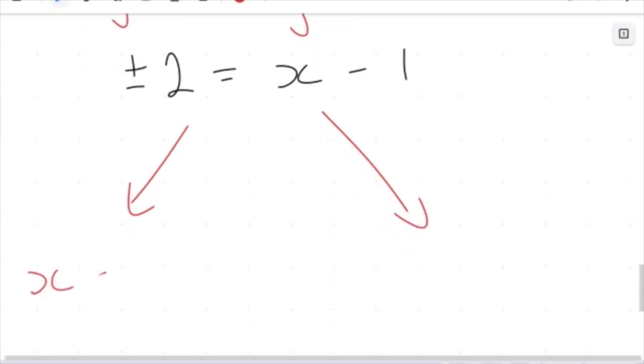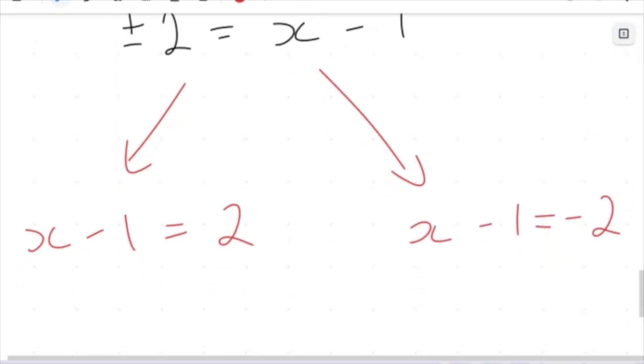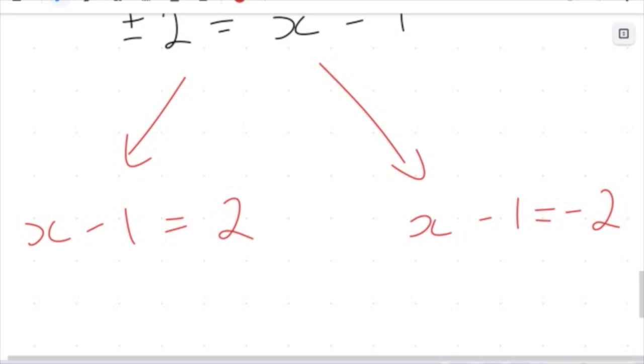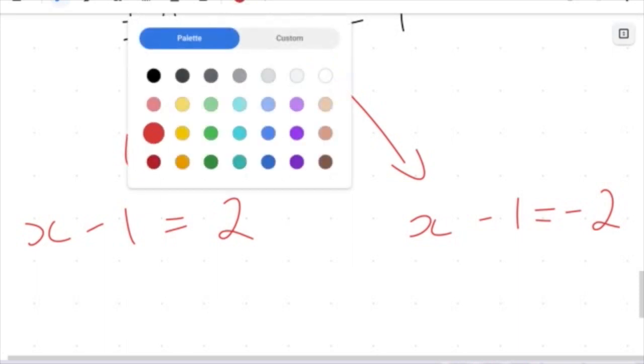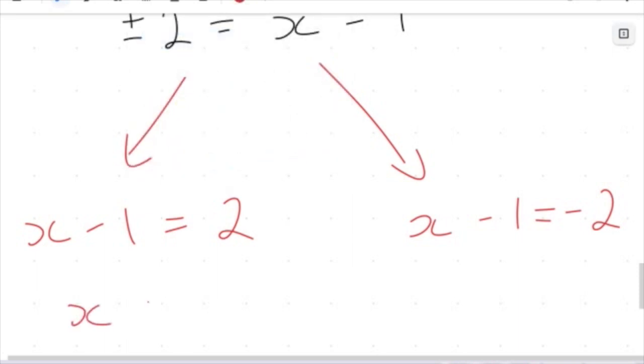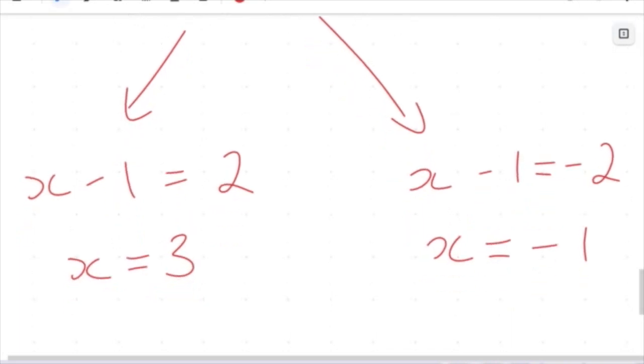I have that x minus 1 could equal positive 2, and x minus 1 could equal negative 2. And now I just want to solve this. We've done this plenty of times before. Some of you can probably figure this out just by looking at it. I want to add the 1 to both sides here, and I want to add the 1 to both sides here to give me negative 1. So these are my x-intercepts here.